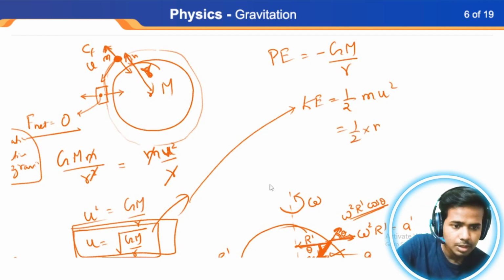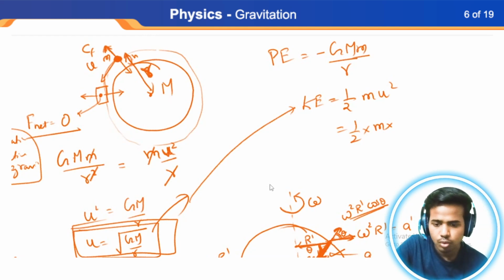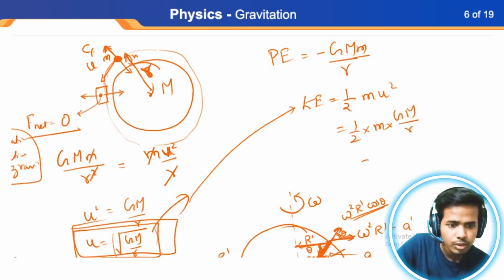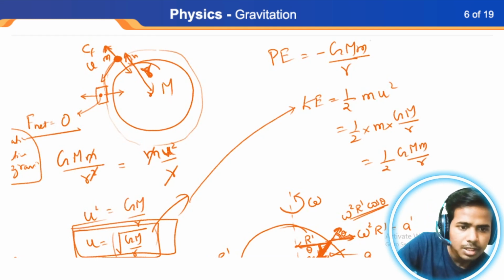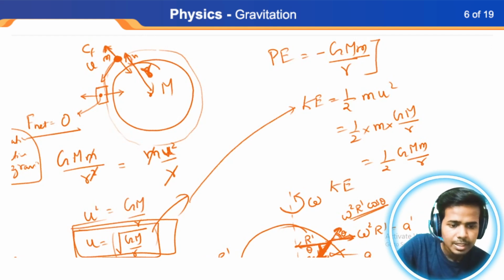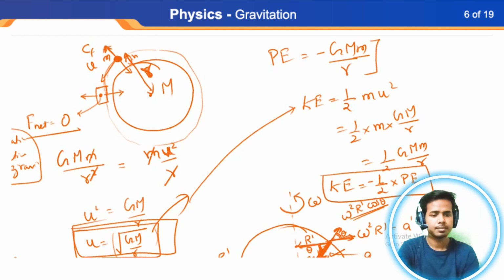Half into m into, sorry, this one, into v square. So when you square it, it becomes GM by r. So it is nothing but half into G capital M small m divided by r. Isn't it something in the order of this one? It means kinetic energy is nothing but minus half times the potential energy of the satellite, right?